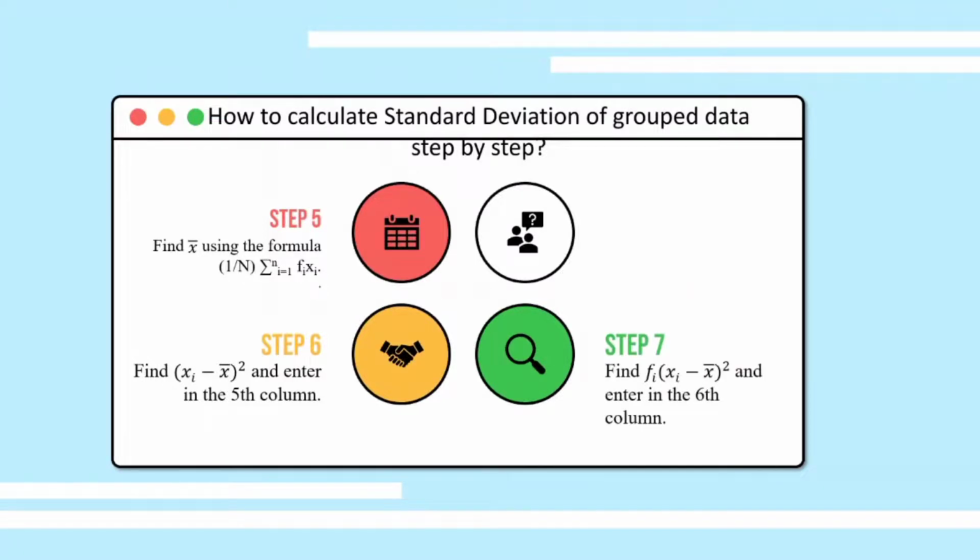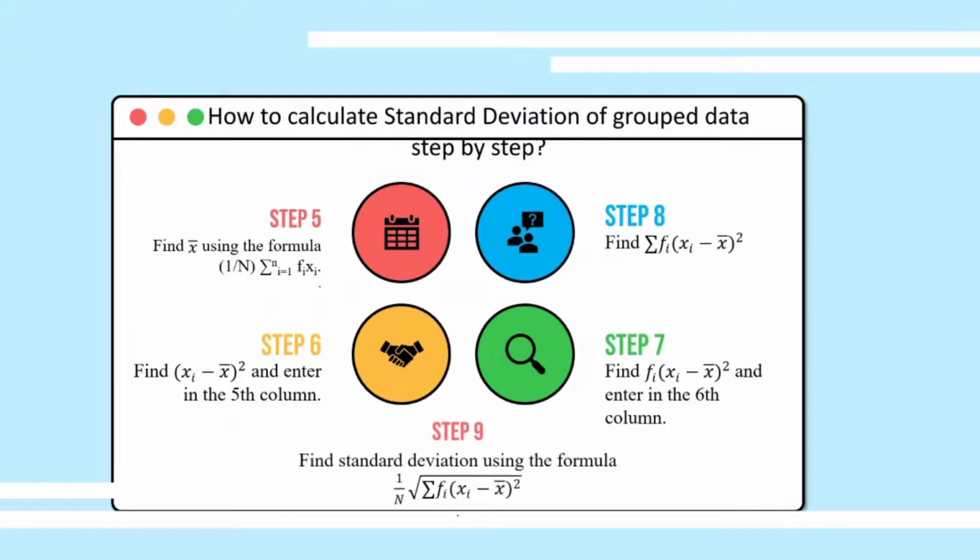Find fi times xi minus x-bar squared and enter it in the sixth column. Step 8. Find the sum of fi times xi minus x-bar squared. And now for the last part, step 9. Find standard deviation using the formula: 1 over n multiplied by the root of the whole frequency multiplied by midpoint minus mean squared.